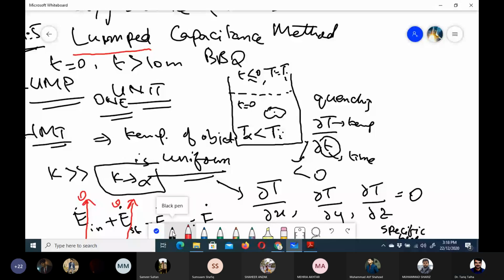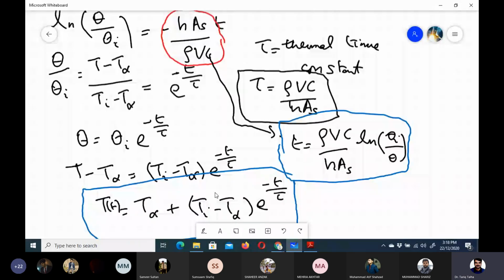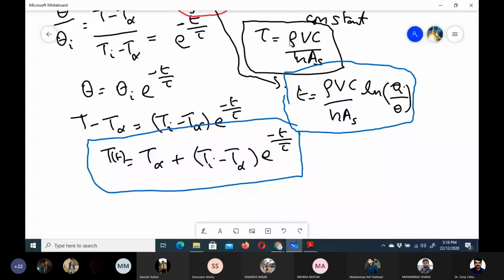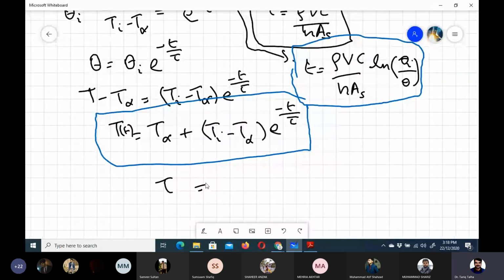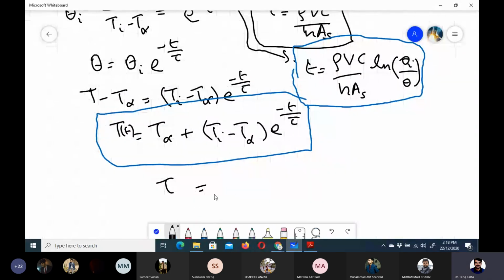So let me go back to the final equation. If I write this thermal time constant tau again, tau is equal to rho Vc upon HAS.